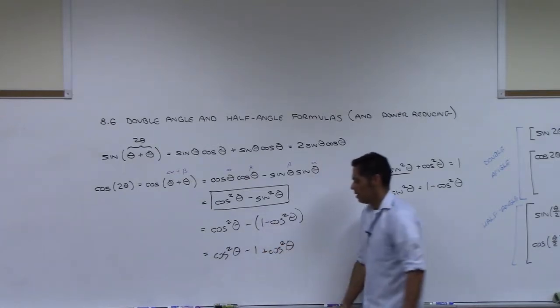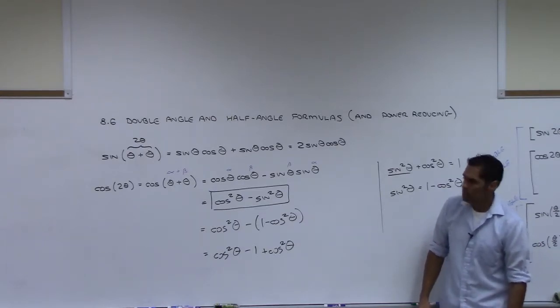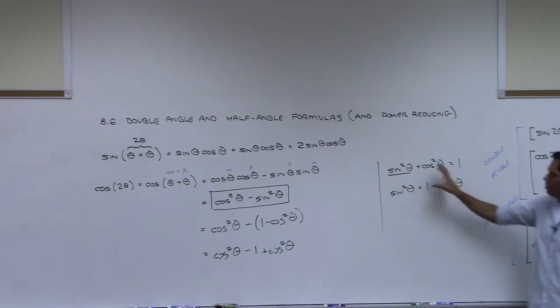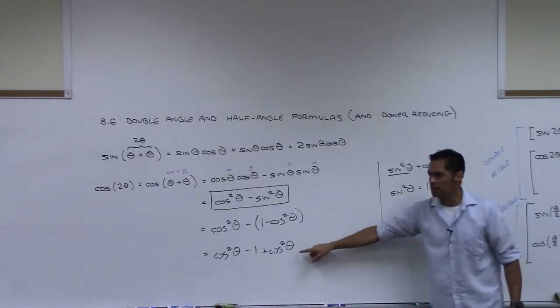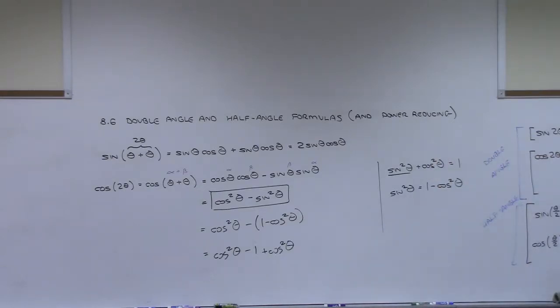And so how many cosine squared thetas do you have? 2 of them, right? So wouldn't that be this one right here? That'd be this one. Yes? So we can get this formula also by just doing this and then replacing. Understand? How do you think I could get this formula? How do you think I'd get this one instead?